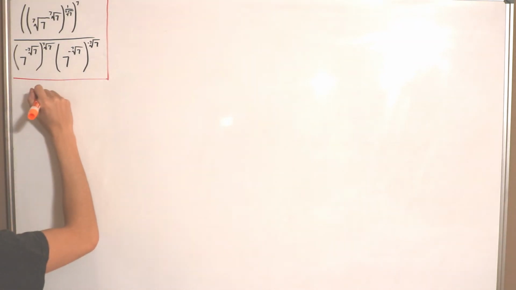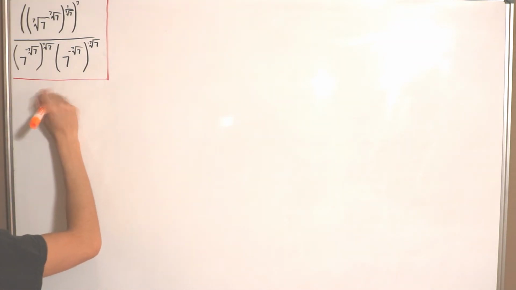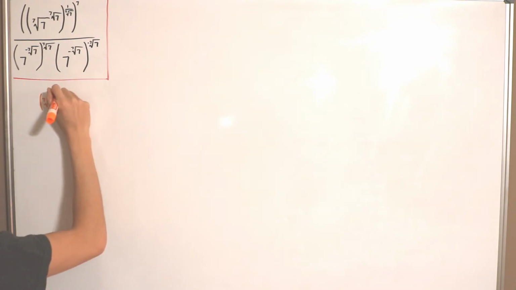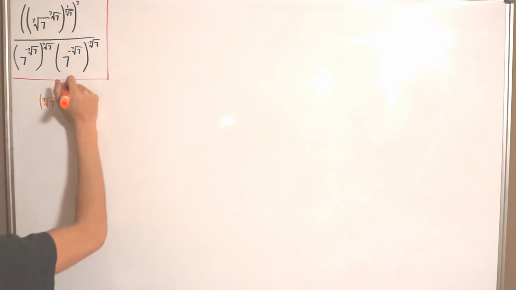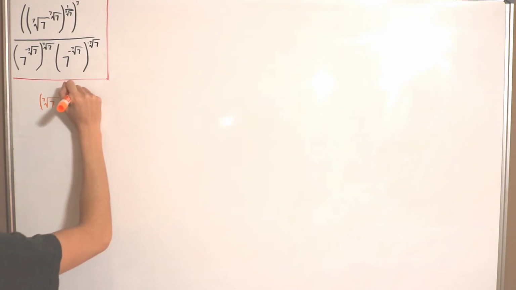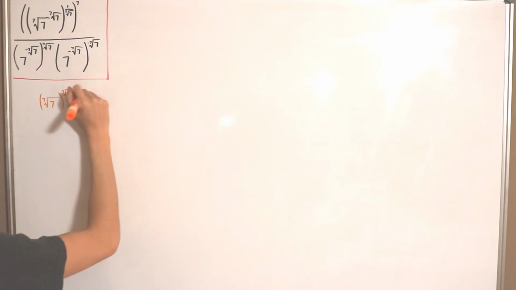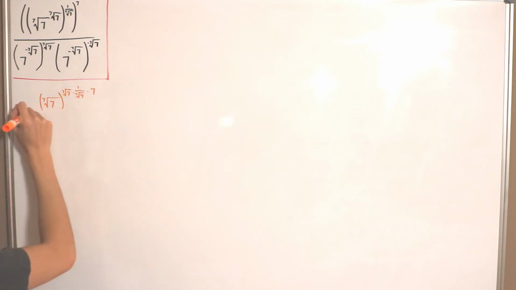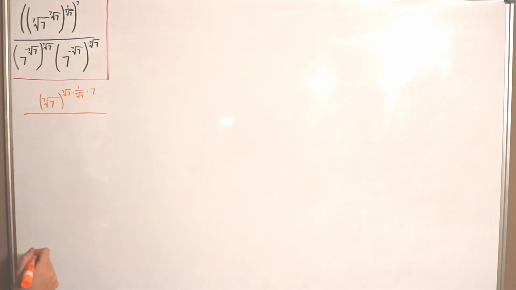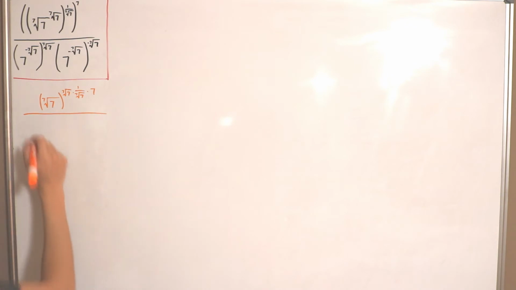This is the 7th root of 7, and then to the power of the 7th root of 7, multiplied with 1 divided by the 7th root of 7, and then multiplied by 7. And let's rewrite the denominator as well, since we have a product of exponents.